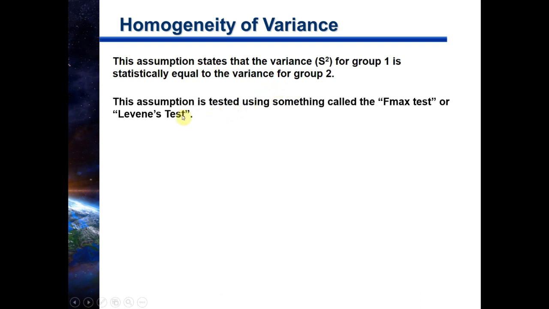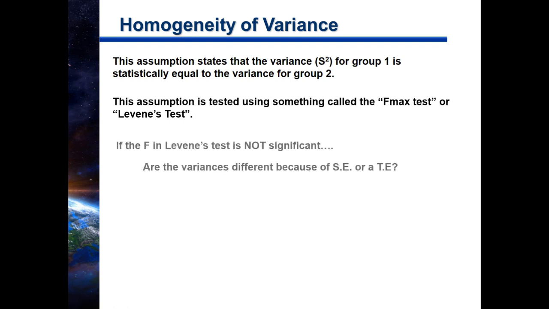So HOV is tested using Levene's test. It's also called the F-max test. It just depends on which textbook you pick up, but just know that the F-max test and Levene's test are basically the same test. In Levene's test, we calculate an F value.